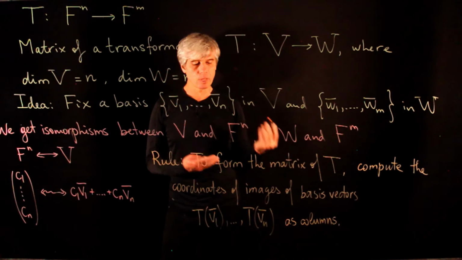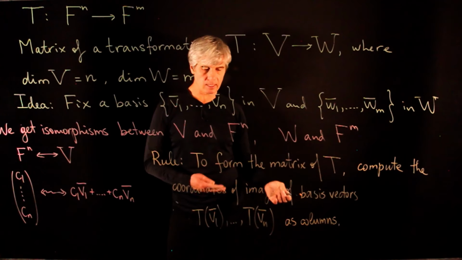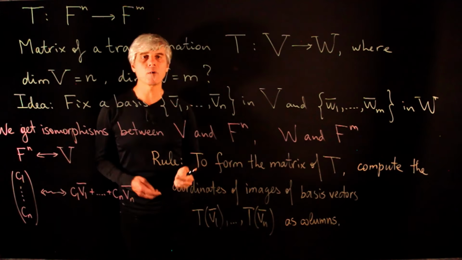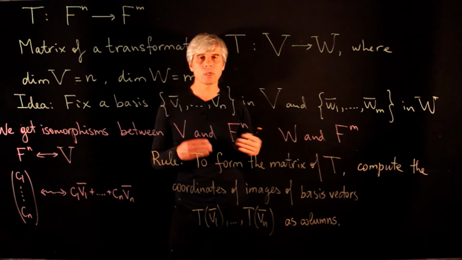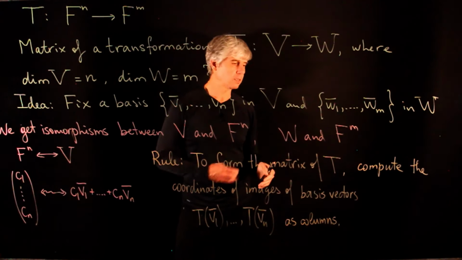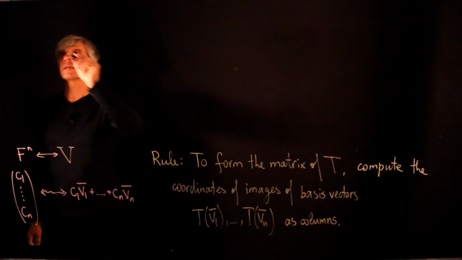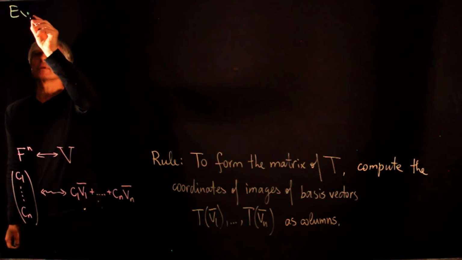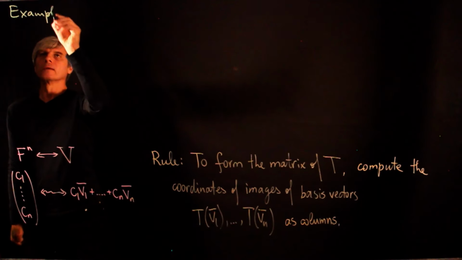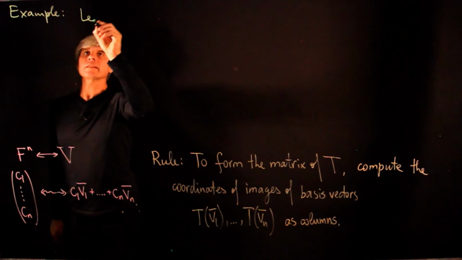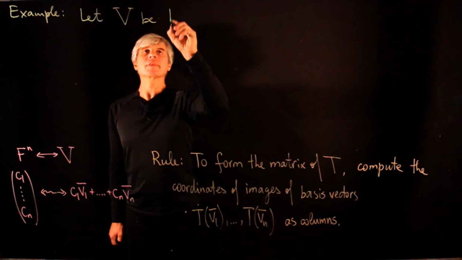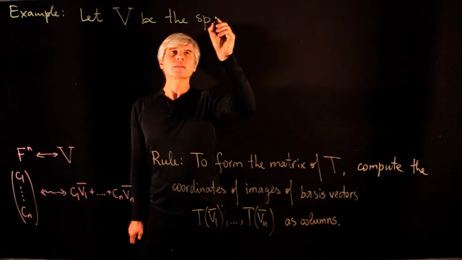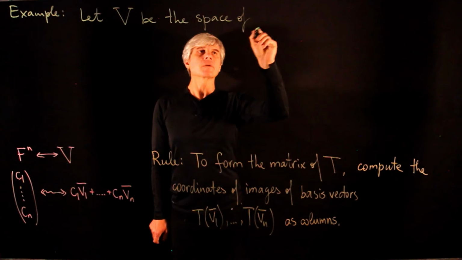The matrix that we obtain at the end will depend on our choice of basis, but this is something we're going to discuss later in this course. Now let us illustrate this with the following example. Let V be the space of quadratic polynomials.